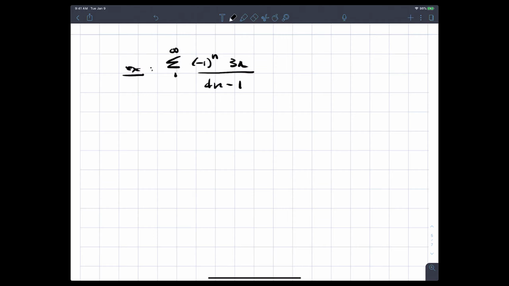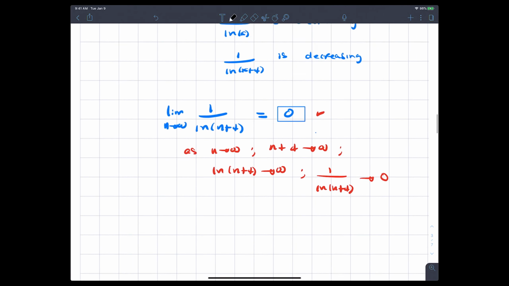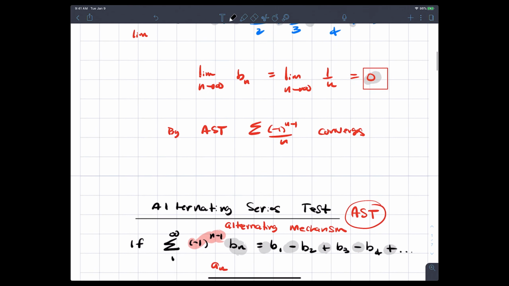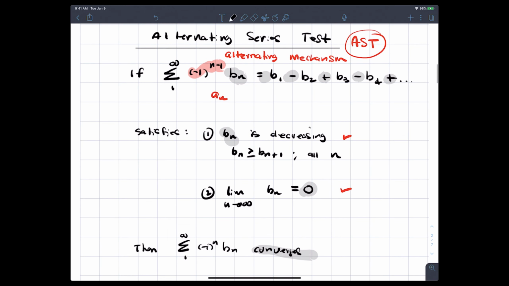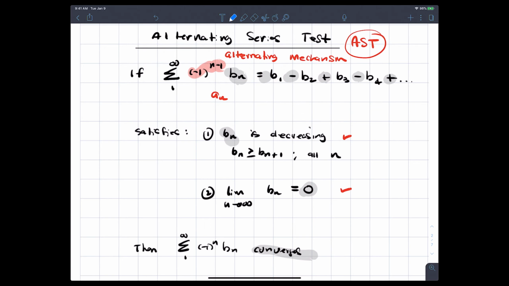So this is something you haven't seen and you really need to be prepared for, because going back to the logic, let me read this alternating series test logically for you. You have an if-then statement. Very often math students don't really remember or understand the meaning of if-then. Believe it or not, it's a conditional.